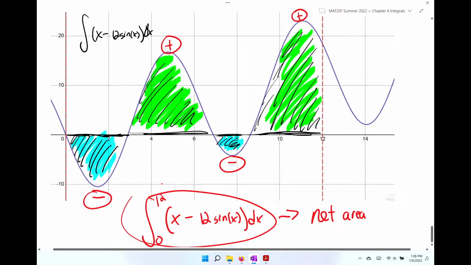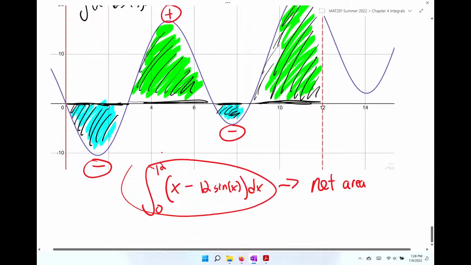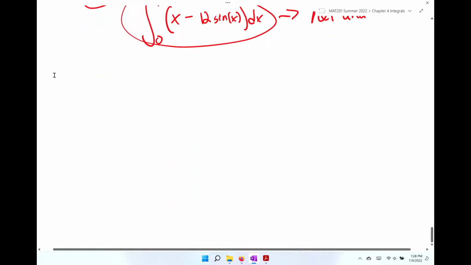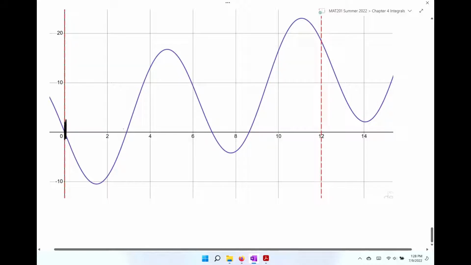So remember, whenever you are using these formulas, they give you net area. If you wanted total area, what we would have to do is find the area in this region, region 1, and we would take the absolute value of that.